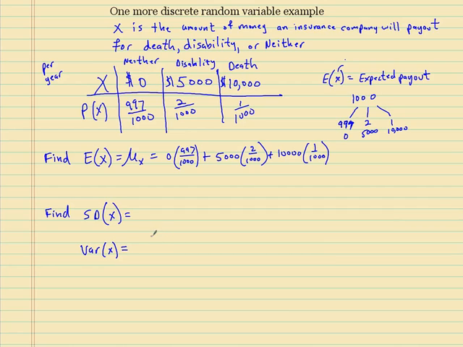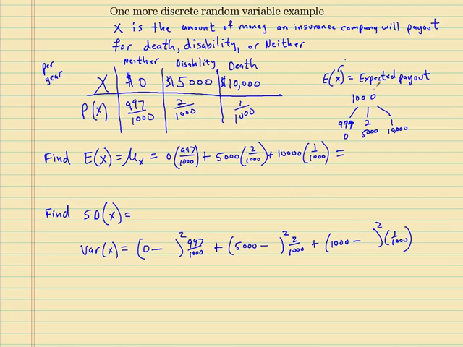That's going to be 0 minus whatever we find up here, squared, times 997 over 1,000, plus 5,000 minus the mean of these money paid out, squared, times 2 over 1,000, plus 10,000 minus whatever we find up here, squared, times 1 over 1,000. So let's talk about this logically.